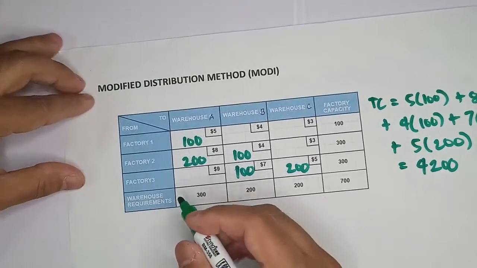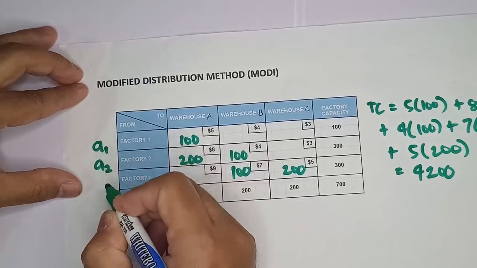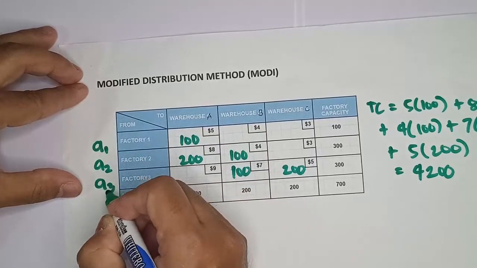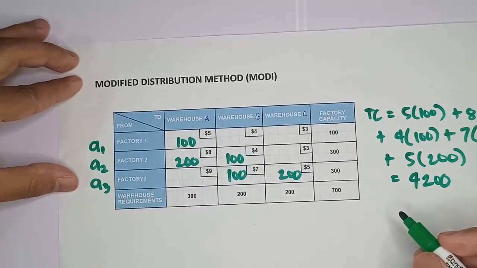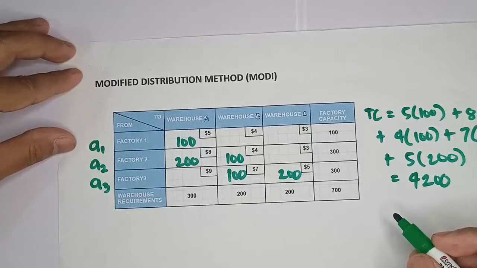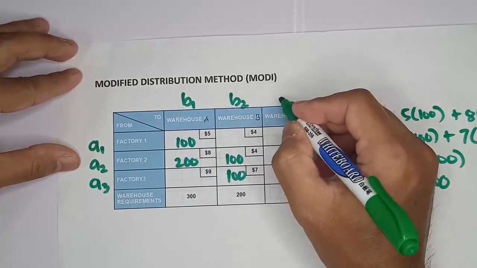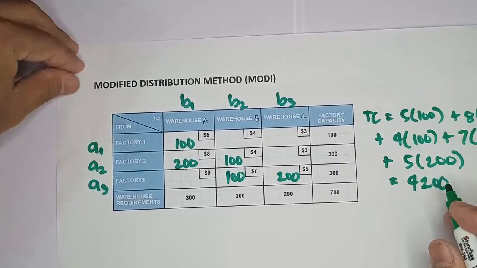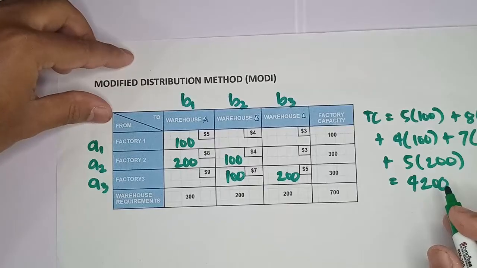We now compute a value for each row. Call the values A1, A2, A3 pertaining to the rows, and values for B1, B2, and B3 pertaining to the columns in the transportation table.